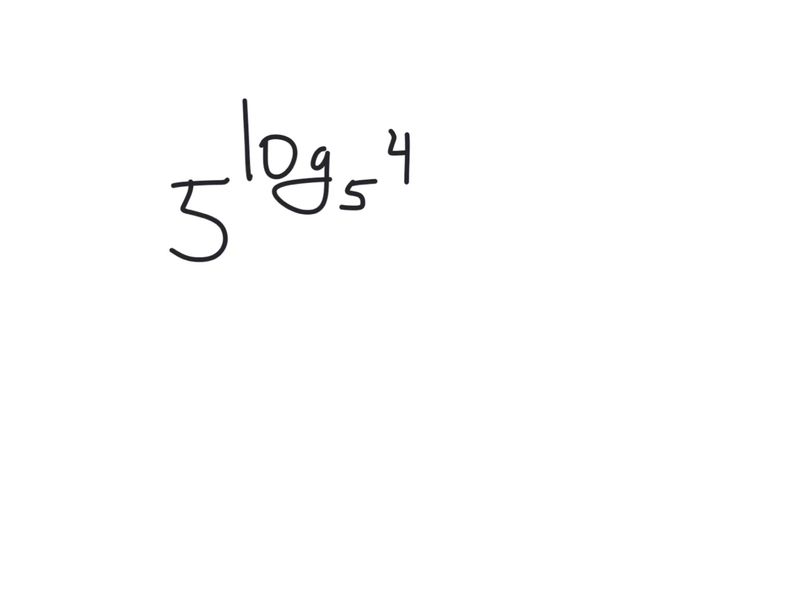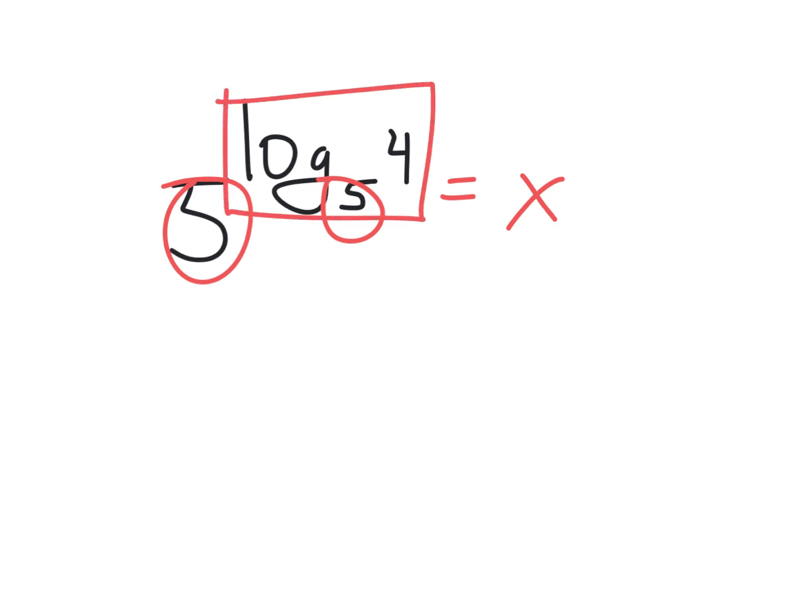Does it get rid of it? Bases are the same. What's the answer? 4. If the bases are the same, the answer's already there. Could I write this as x and then redo it? Because this one is technically not a log. This one's technically an exponent on a base.